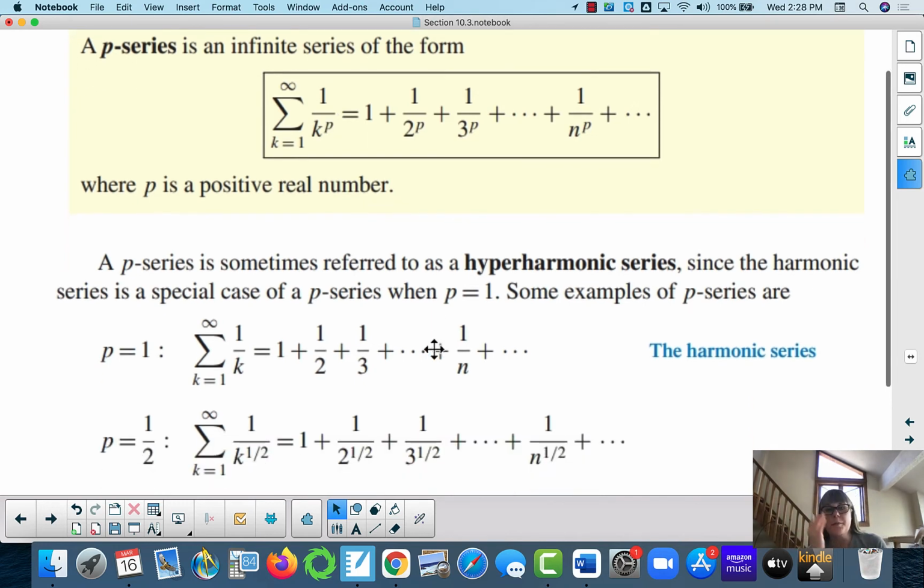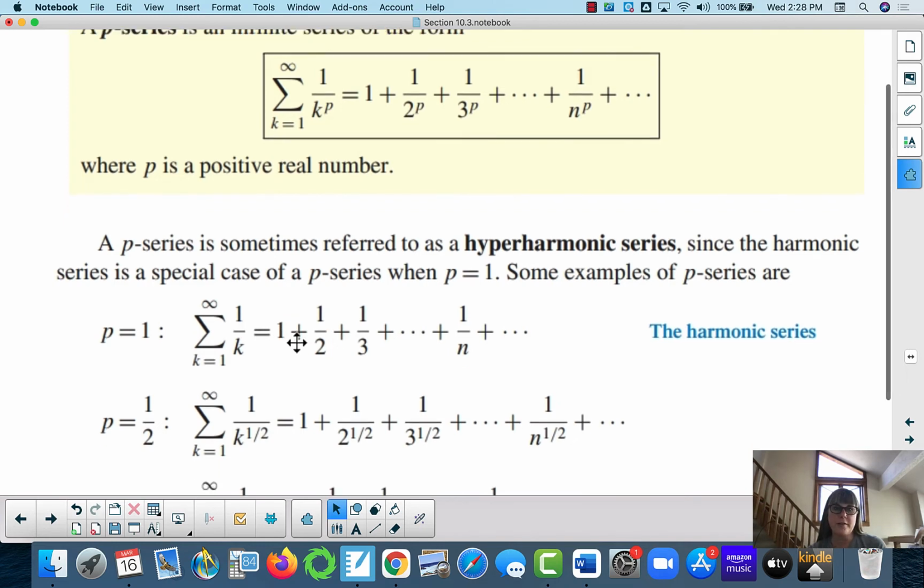So you'll notice that a p-series looks like the harmonic series, and the harmonic series is actually a special type of p-series. So sometimes you're going to hear p-series called hyperharmonic series, because our harmonic series is a special case of a p-series in which p equals 1.